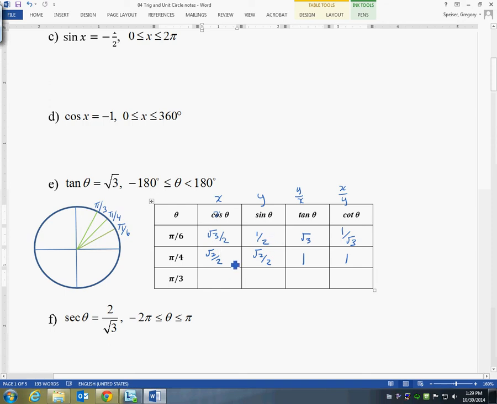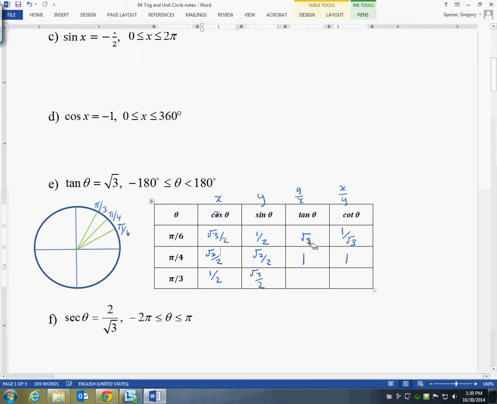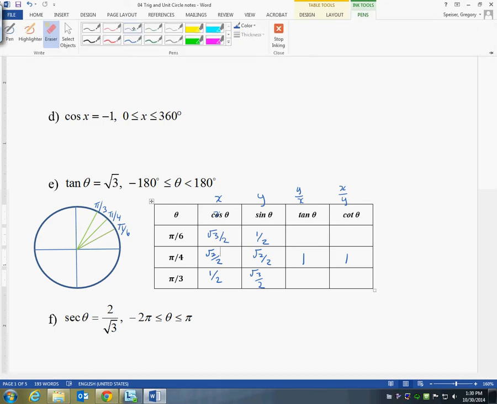For pi over 3, the x and the y switch places here, so root 3 over 2. And then our cotan here is our y over our x. Oh, I made a mistake here. These two are mixed up. Let's fix those. My y over my x will be 1/2 over root 3 over 2. I'll erase these, I got those two mixed up. It's good that I'm doing this.